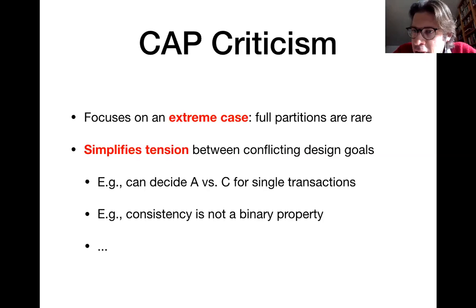And also consistency is not really a binary property, but there's a whole range of different consistency levels, so to speak. So altogether, the point is that the CAP theorem simplifies a couple of things, and that the choices might not be as strict as it suggests.